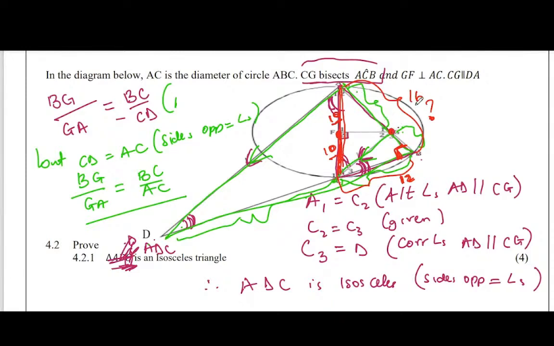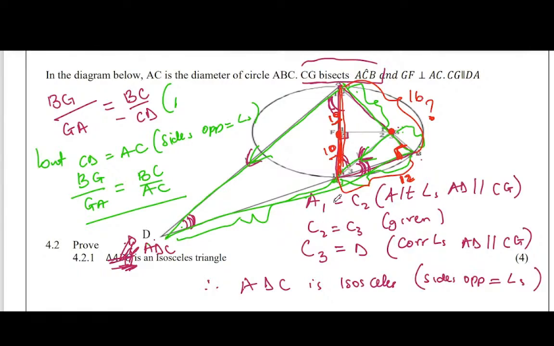You can still use that proportionality theorem that we discussed in the previous part, where we were looking at BG over GA. We can compare it in that format. I think that will be quicker and a little bit easier.